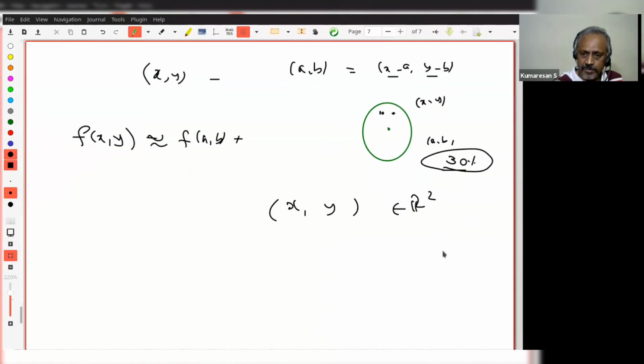See, a first degree polynomial in one variable will be some a0 plus a1x, if you allow a constant term. You understood? Now there are two variables. What should be the first degree polynomial then in these variables?